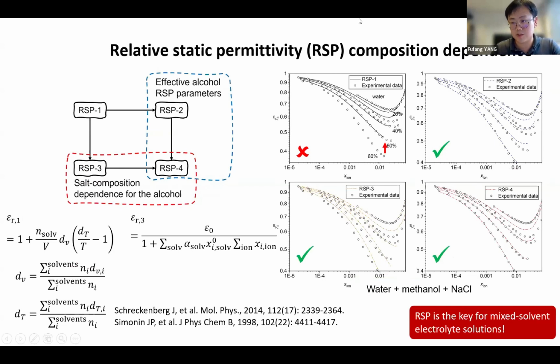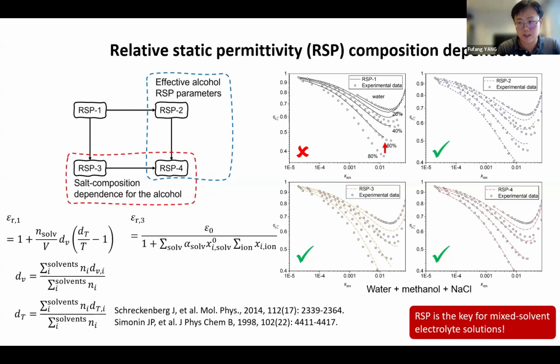They all show some improvement for the mean ionic activity coefficient. So this systematic deviation seems to be fixed just by adjusting the composition dependence of the relative static permittivity in the model. And all of these models reduce to the original model when the co-solvent composition is 0.